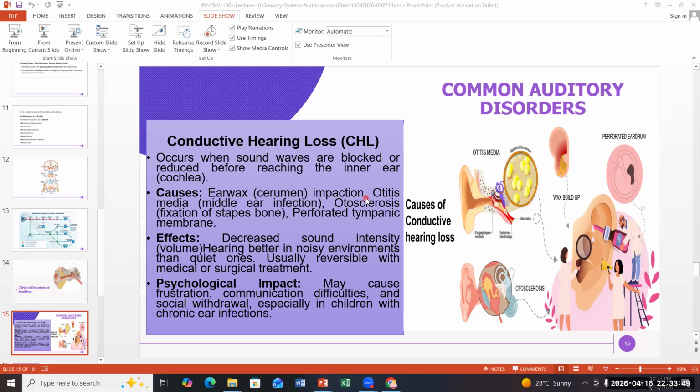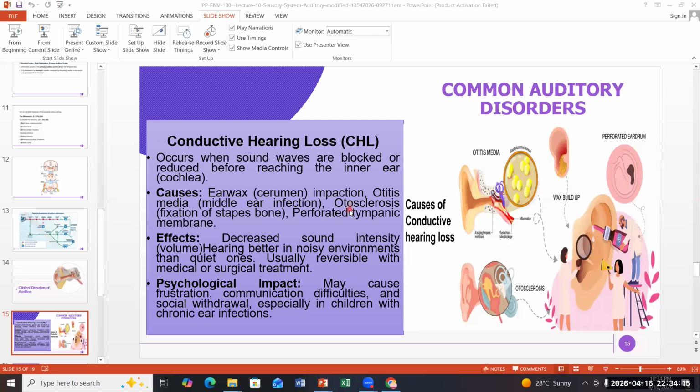The second one is otitis media, where in the middle ear, meaning the tympanic membrane or the ossicles, the three bones we learned, malleus, incus, and stapes, any microbial infection, bacterial, fungal, or viral, may have occurred. This may cause conductive hearing loss.